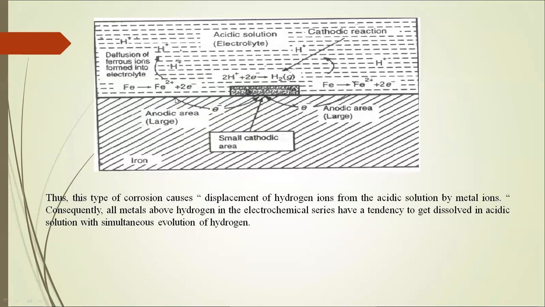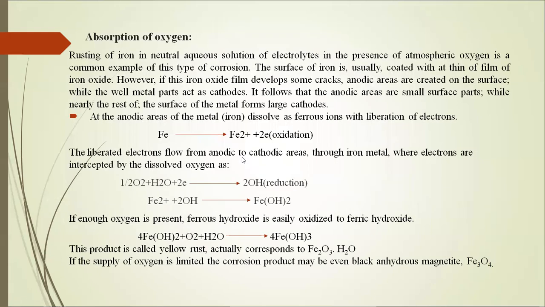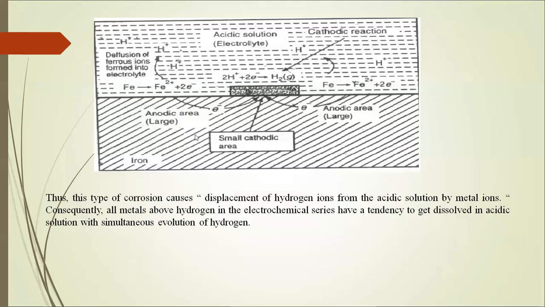As soon as a metal is exposed to the acidic medium, it undergoes corrosion faster. The areas which remain unaffected tend to act as a cathode. So in case of liberation of hydrogen gas, we find a large anodic area as well as a small cathodic area.